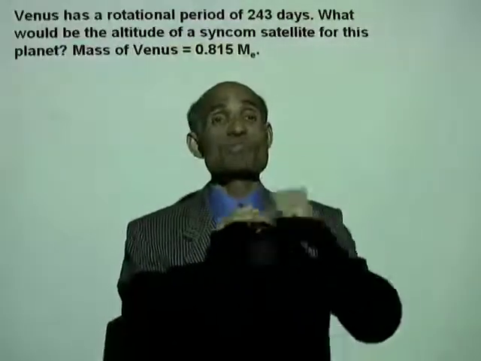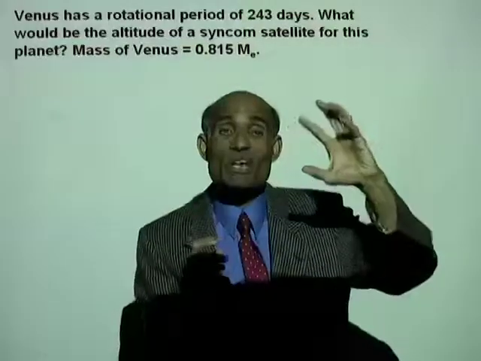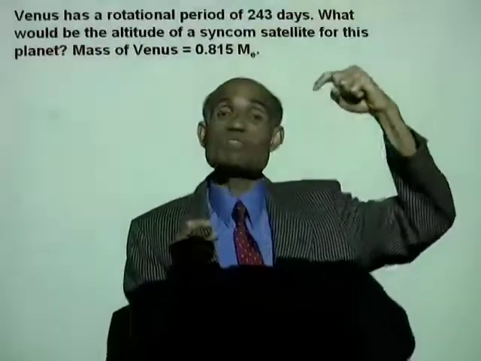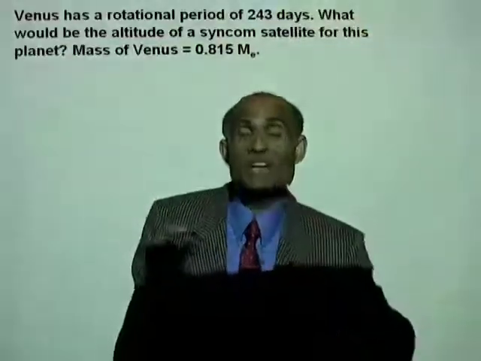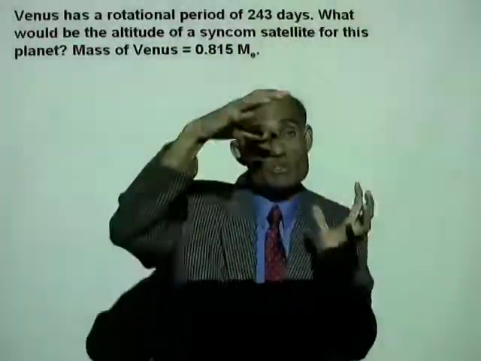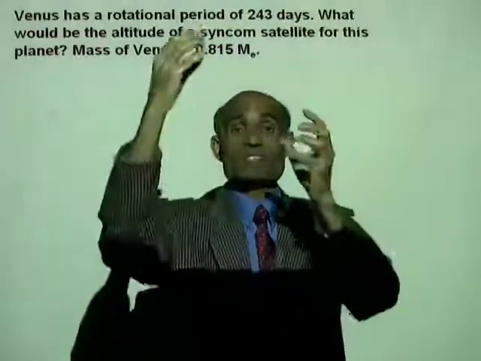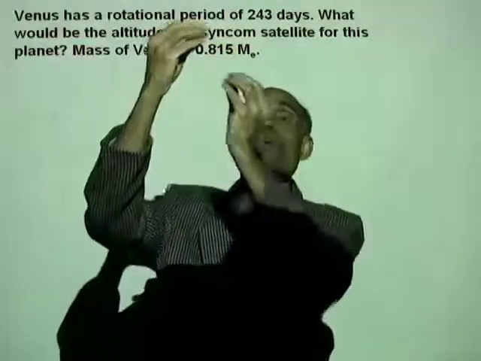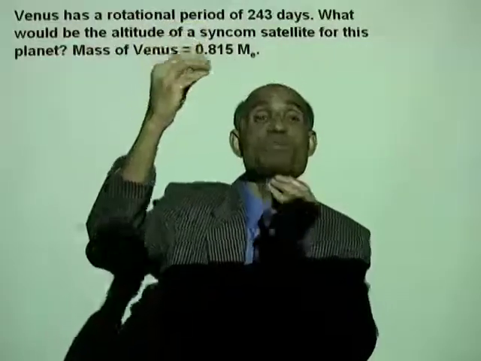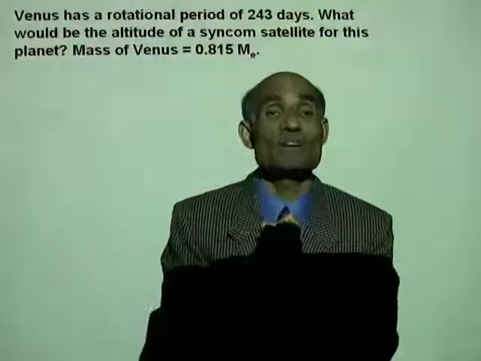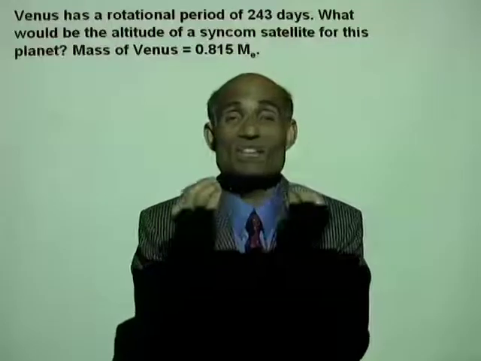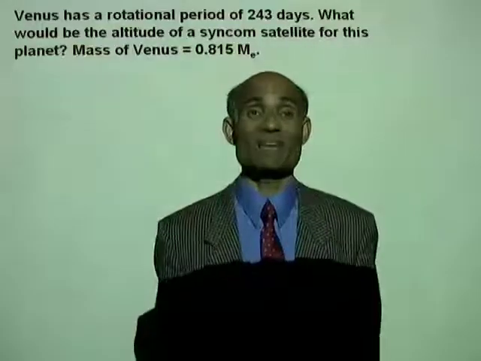That means the period of that satellite needs to be synchronized with the period of rotation of the Earth, so that the satellite can be found always above a certain point on the surface of the Earth. Such a satellite is called a synchronous satellite.